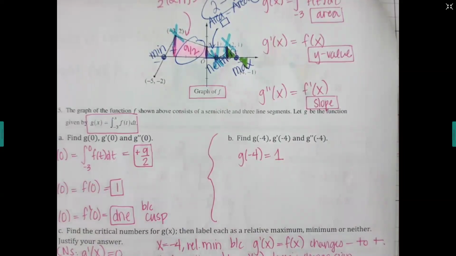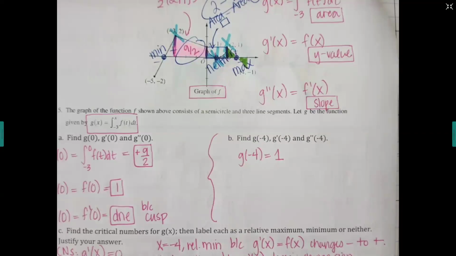Now, the way it's going to ask you on your homework is it's going to say, where is the graph concave up or concave down? So question, if I was looking at this graph, okay, let's try to focus in. If your homework asks you where G is concave up, you would want this graph to have a positive slope.